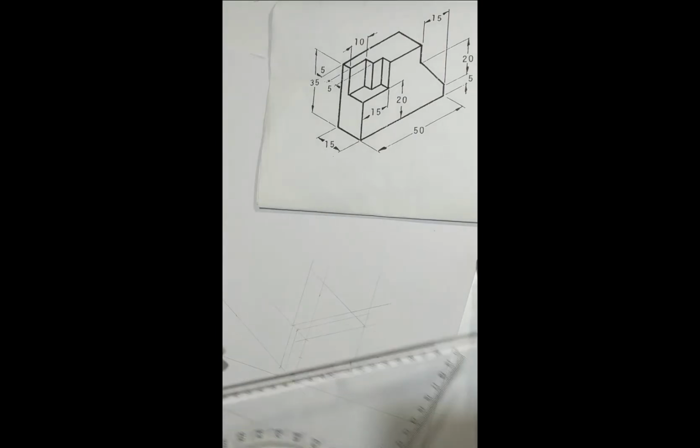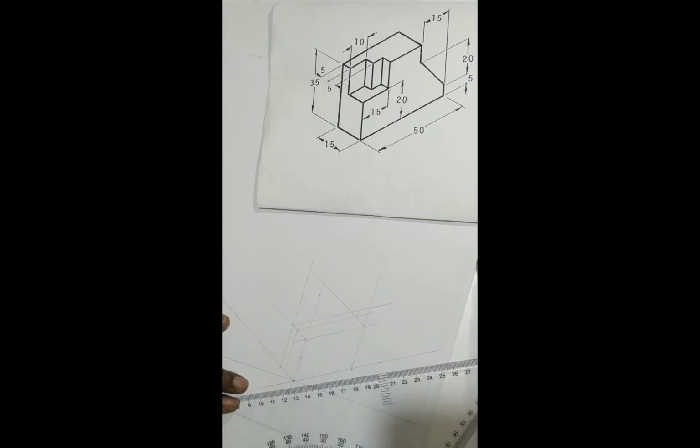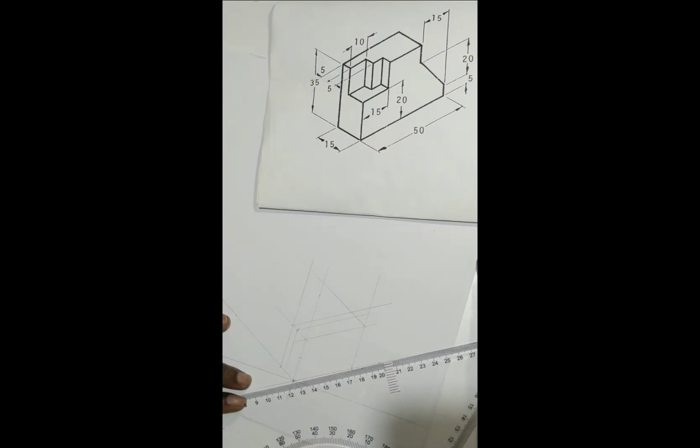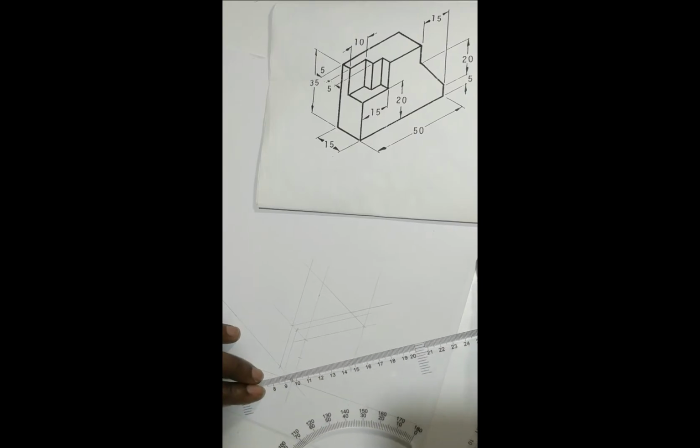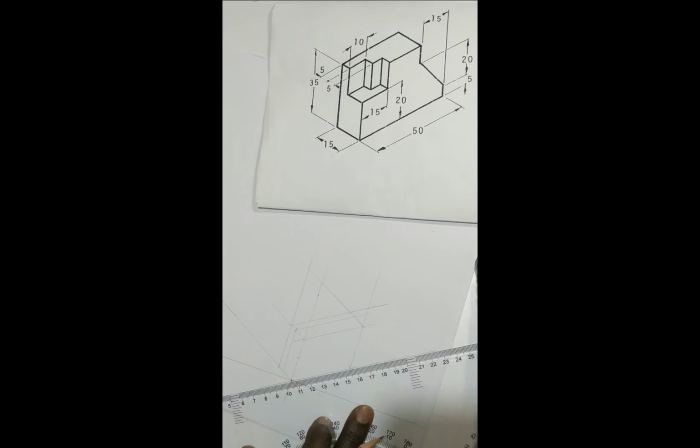That is 20 millimeters. So I'll draw a line from that point parallel to this line. So first, you align just that way. So remember, all these lines have to be the lines that are supposed to be parallel, and you have to ensure that they are parallel.